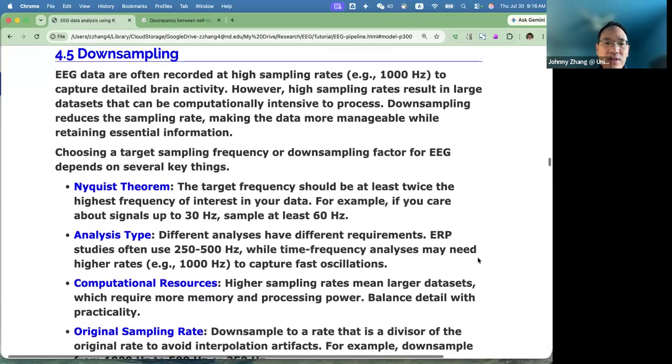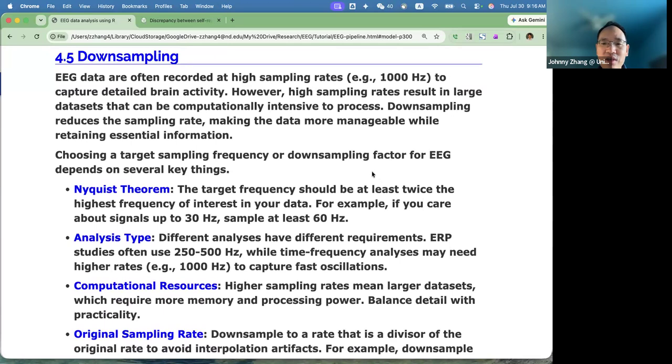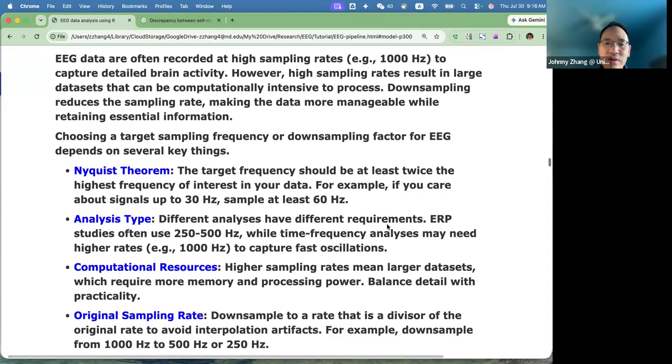To downsample our signals, we need to use a downsampling factor. We can decide the downsampling factor using different methods. For example, the Nyquist theorem tells us the sampling frequency should be at least twice the highest frequency of interest in your data.